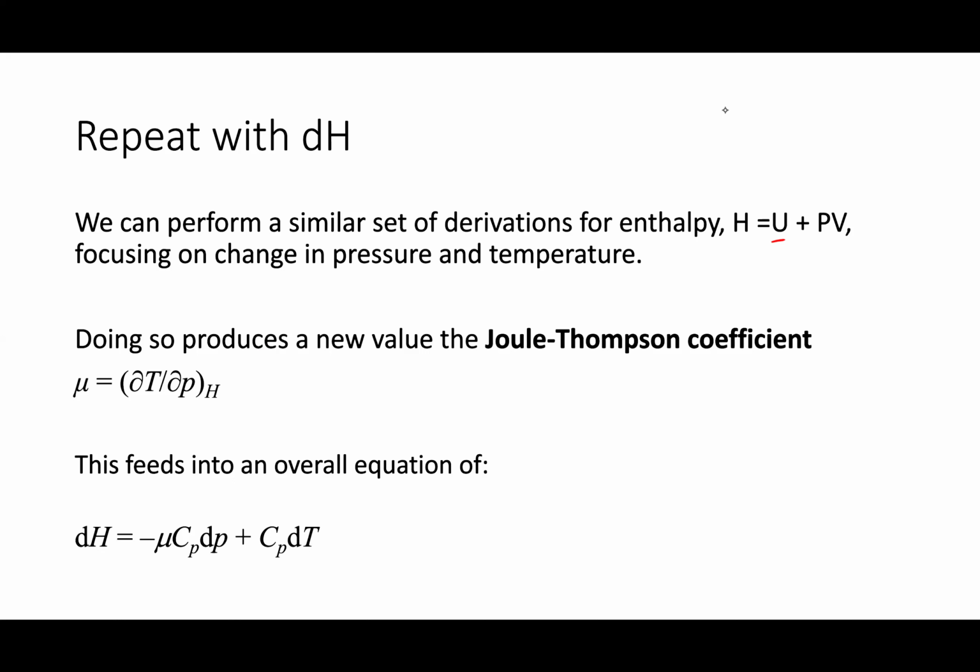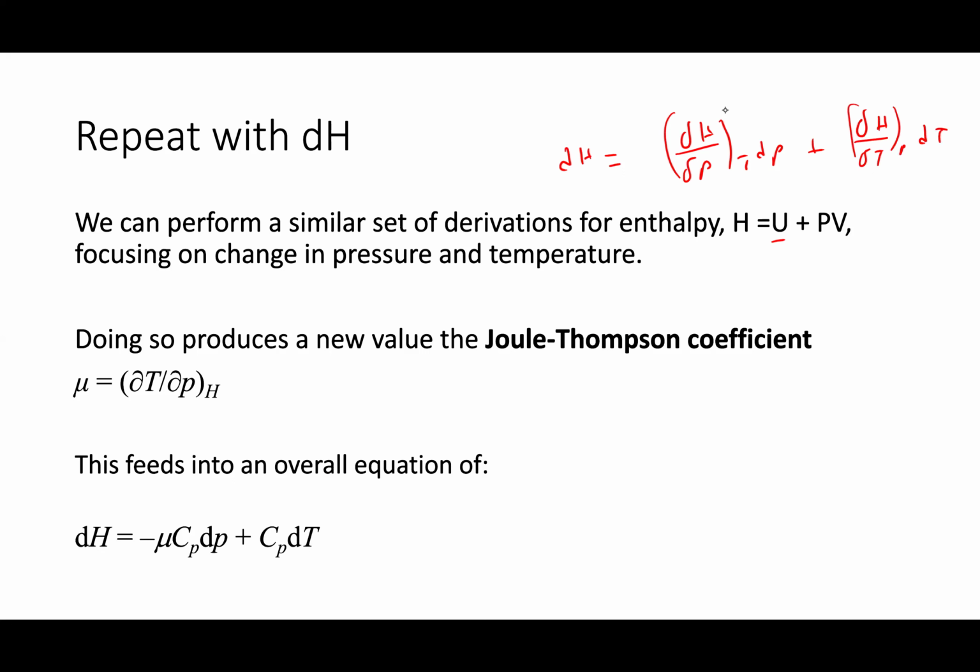So let me scoot back a little bit. We are looking at dH and the variation of enthalpy with pressure at constant temperature, and the variation of enthalpy with regard to temperature at constant pressure.